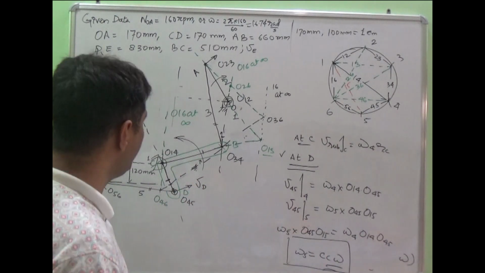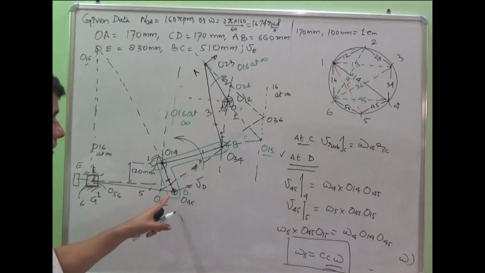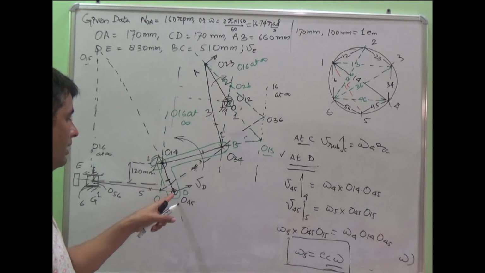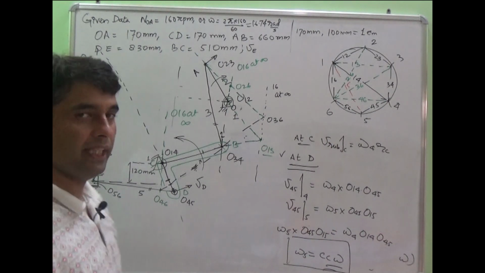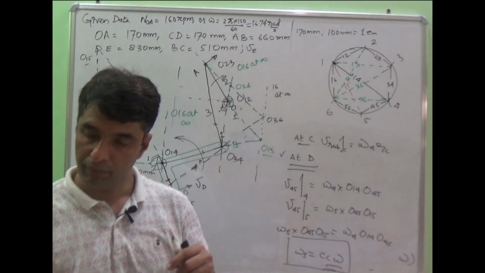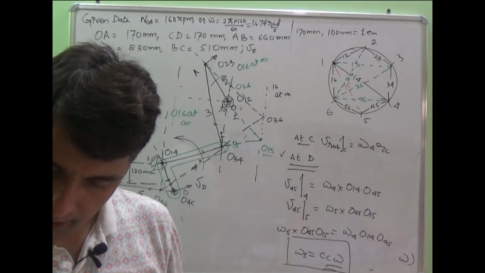So you get this value, and then you can estimate the rubbing velocity at pin D. So with this, your problem is solved with all respect.